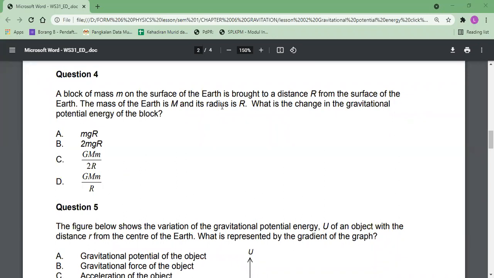What is the change in the gravitational potential energy of the block? This is the Earth. A block of mass m is initially on the surface of the Earth. Okay, it's brought to a distance of r.